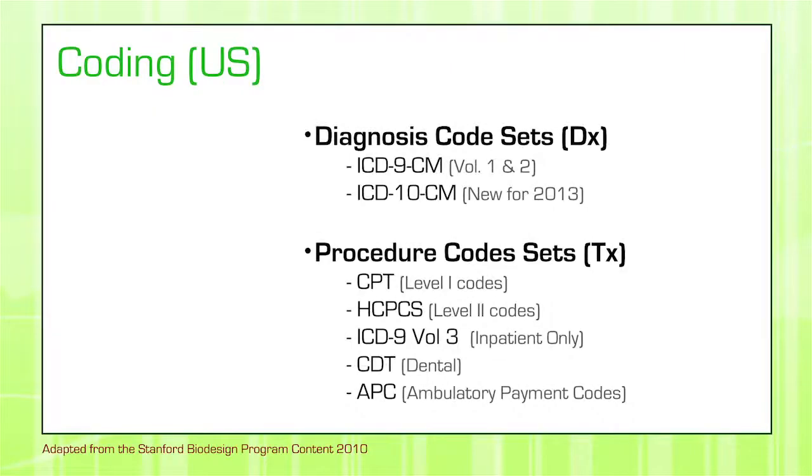When we think about coding in the US system, we're going to have two main sets of codes: the ones dedicated to diagnosis and the ones dedicated to procedures. This is really important to understand because it is not a single code for the whole process that a patient is undergoing; some are special for the diagnosis and others are special for the procedure.